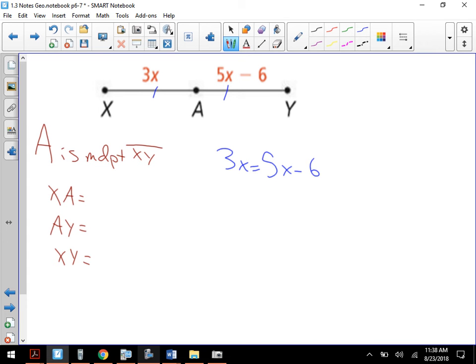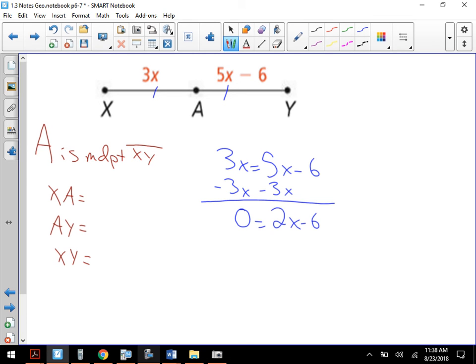Now, what we've been doing over time here is we've been just taking on the little guy and subtracting, in this case, 3x from both sides. So if I do that, what do I have on the left now? 0. That's okay. Because now you still have a two-step equation. What do you do first?